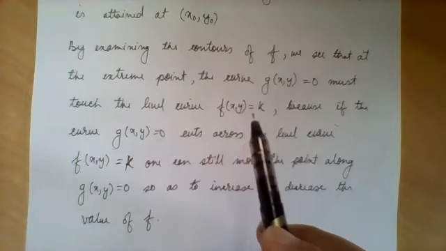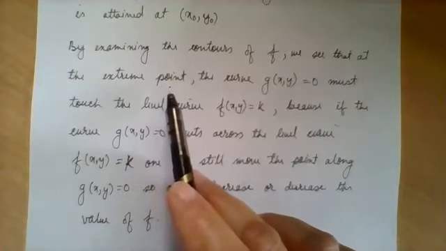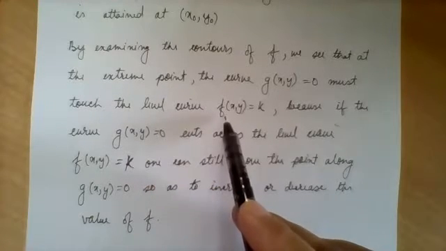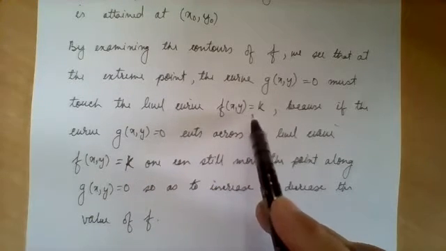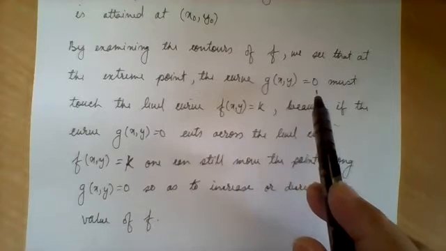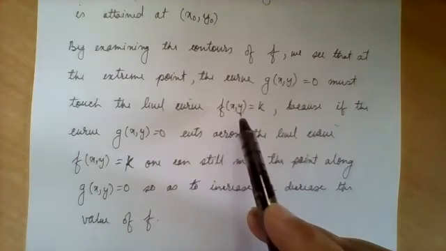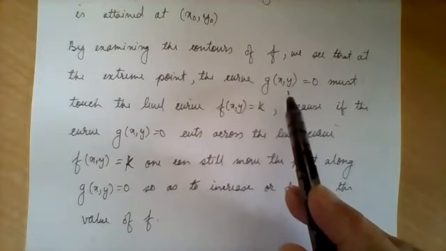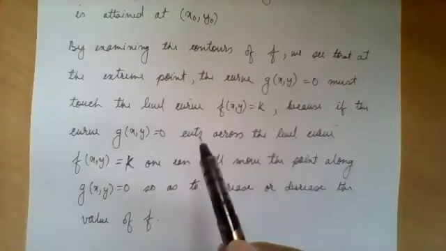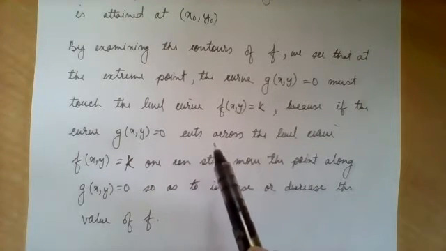At the extreme point, the graph of f equal to k and g equal to 0 must touch at one point. They must be tangent, rather than cutting across at more than one point.